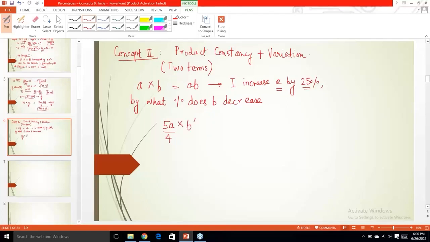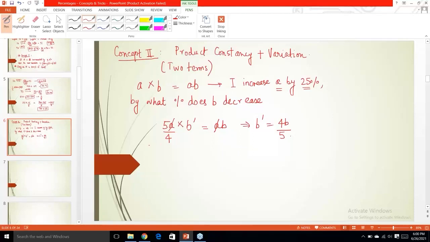I don't know what B dash is, but I know that the product is constant, which is still AB. A cancels with A and B dash comes out to be 4B by 5. As told to you intuitively also, B has reduced when you increased A. That's why the product remains constant.